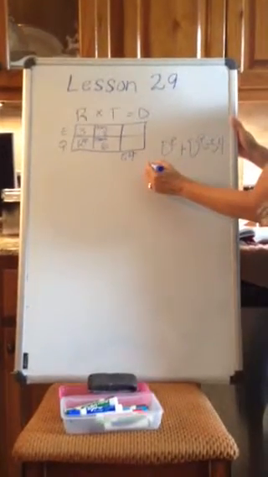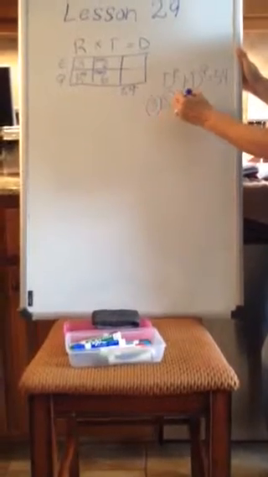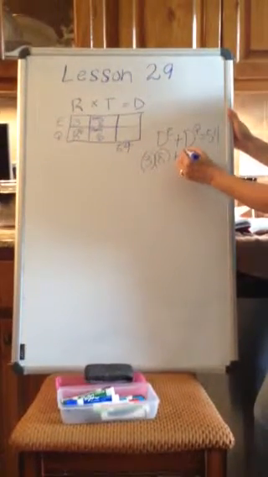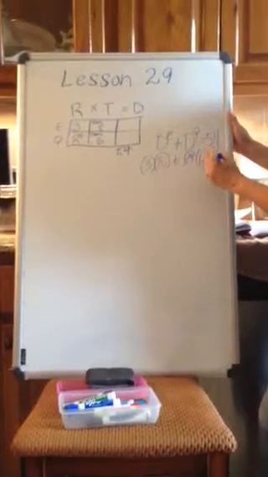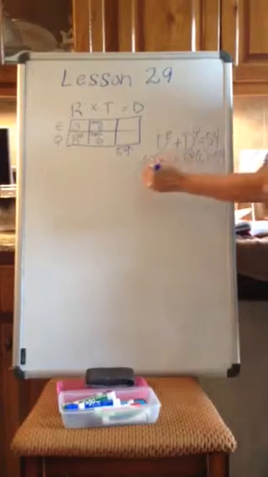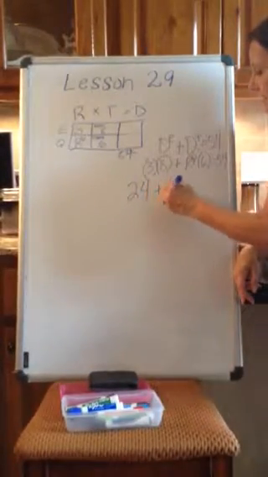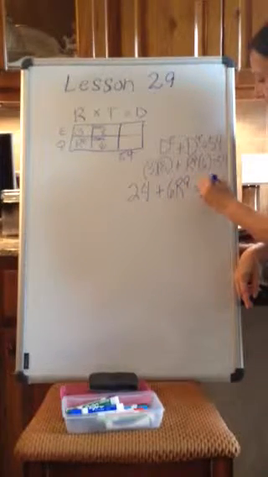So Edward's distance was 3 times 8 plus her distance, which was her rate, which is still unknown, times 6 equals 54. 3 times 8 is 24, plus 6 times the rate of the Queen equals 54.